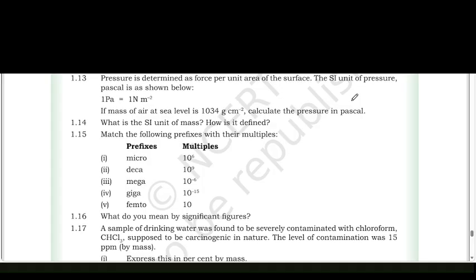Good question. What will be the concentration?